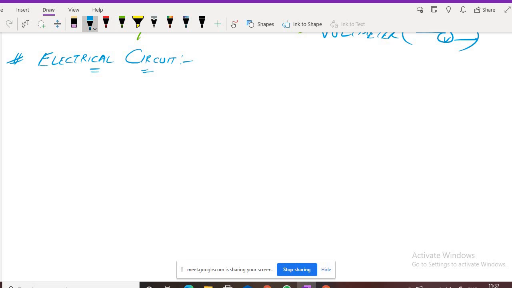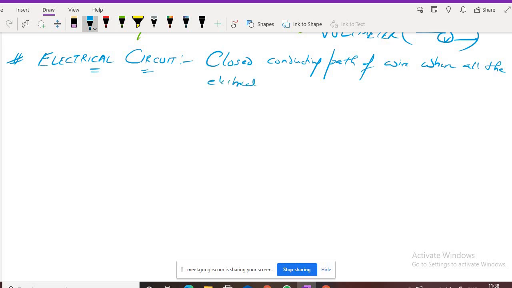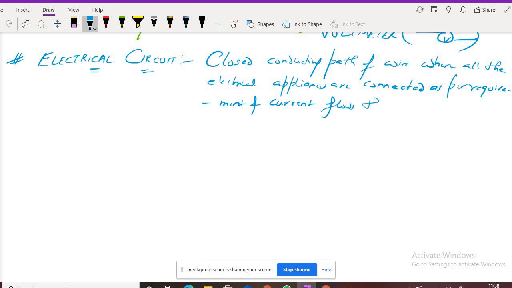It is a closed conducting path of wire where all the electrical appliances are connected as per requirement, and current flows through it.